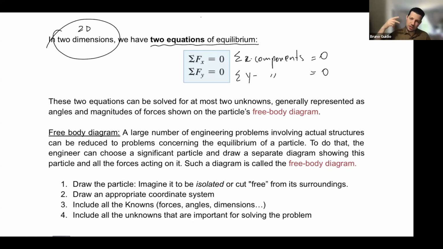We can solve up to 2 unknowns. And what could those unknowns be? Those unknowns could be the magnitude of a force, or they could be angles. I could have a combination of 2 forces, or 2 angles, or a force and an angle, but I can solve up to 2 unknowns.